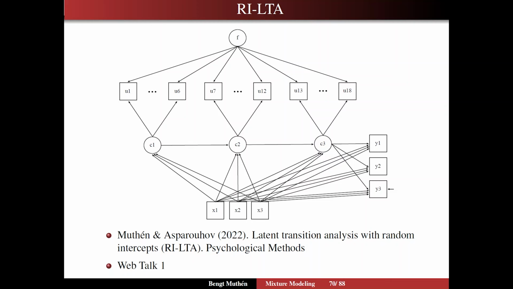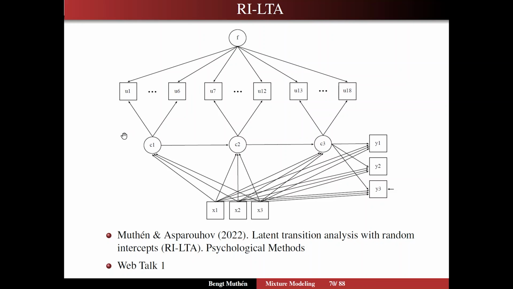The new feature here is that we have a continuous latent variable F, which we think of as a latent trait or a random intercept. It's a time invariant variable varying across subjects, so it is a between subject construct. Each indicator is influenced by this trait, and the remainder in the indicator is influenced by the latent class variable, where the latent class variable captures the within subject variation across time.